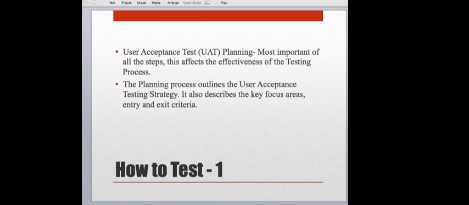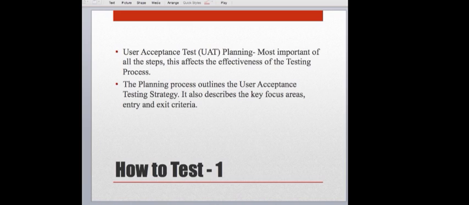And really, I would say it's the most important of all the steps because it affects the effectiveness of the testing process, right? It's just like anything else. If you don't have a plan that you're following, then things tend to go willy-nilly, and you don't have any way to track what's really going on.